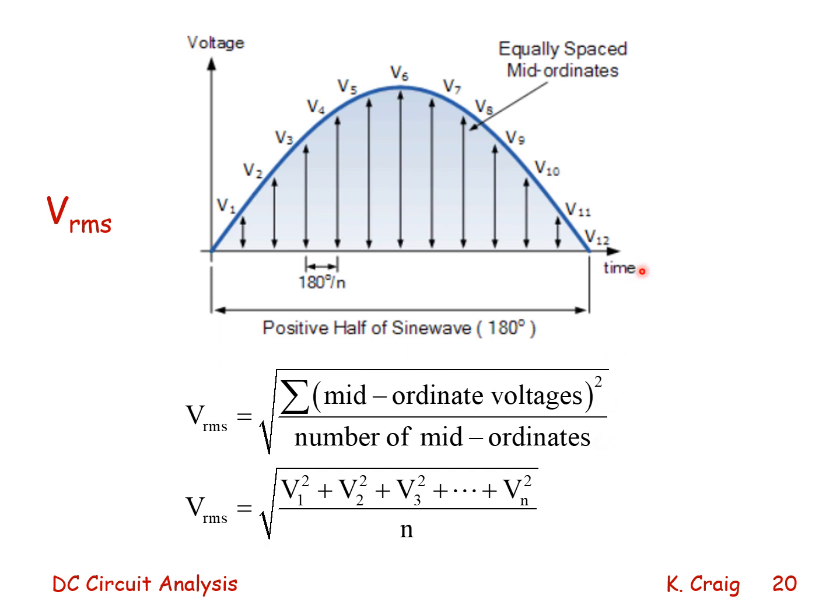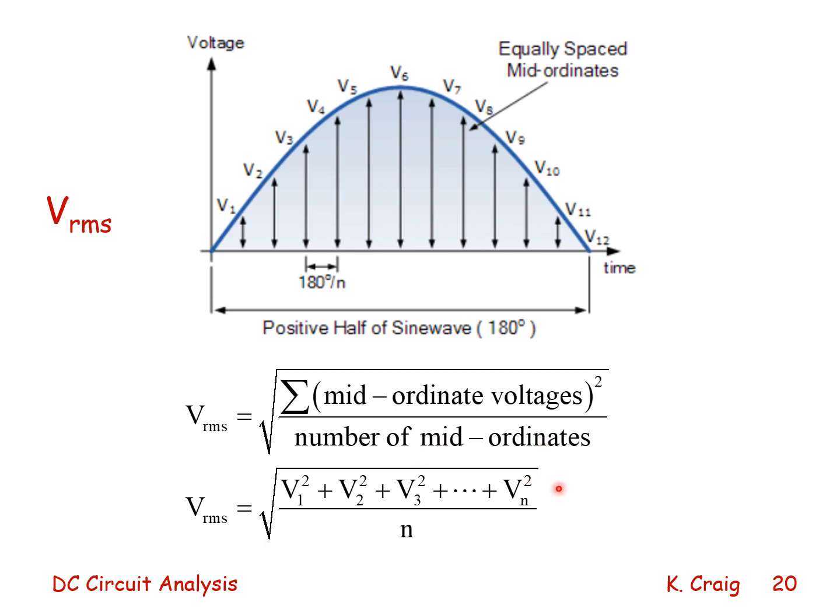So here we see again the positive half of the sine wave just blown up, and we see the mid-ordinate values. They're equally spaced. So if this is half of the sine wave period, this is 180 degrees. And the RMS value then, in words, is given by the sum of the squares of the mid-ordinate voltages divided by the number of mid-ordinates.